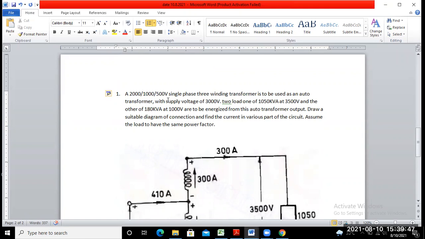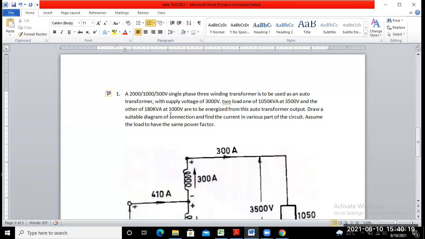Now these 3 single phase windings you have to use as an auto transformer, where the supply voltage is 3000 volt and 2 loads are connected through the output of the auto transformer. One load rating is given as 1050 kVA at a voltage level of 3500 volt, and the second load is 180 kVA at 1000 volt.